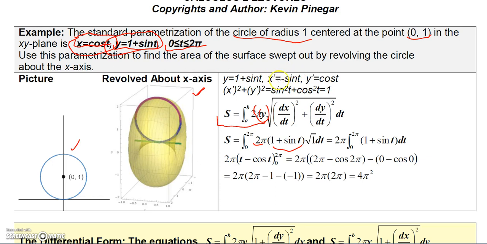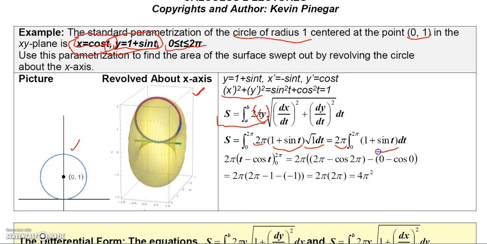Now let's go ahead and do this calculation. X prime squared plus y prime squared would be sine squared plus cosine squared, and that would just give me 1. So really, all I have in the radical here is the square root of 1. This is actually going to work out fairly nice. I can factor the 2 pi out of the integral, and then I have 1 plus sine t dt.